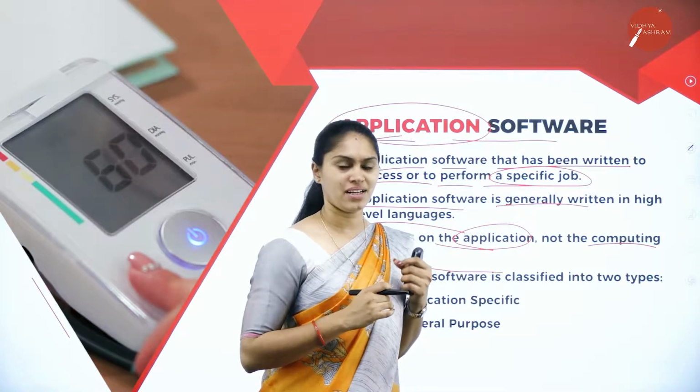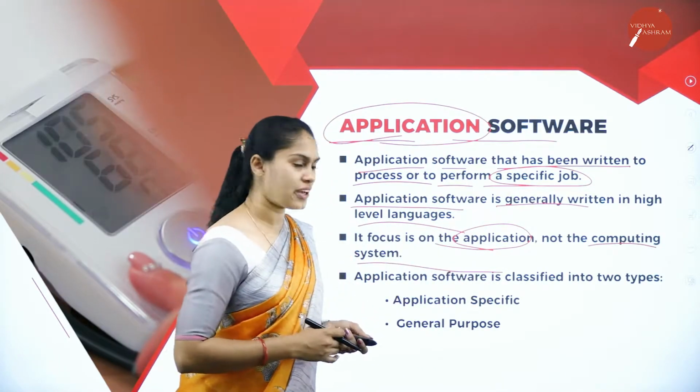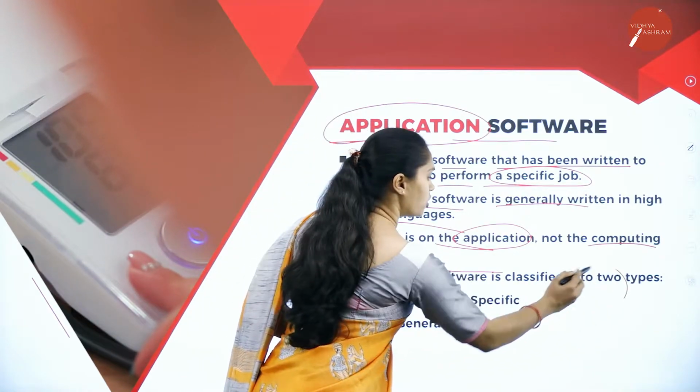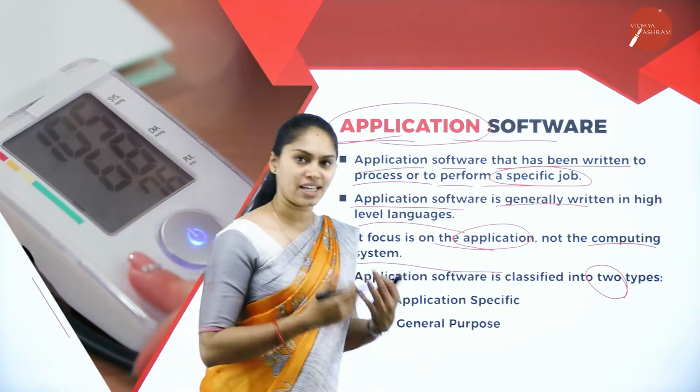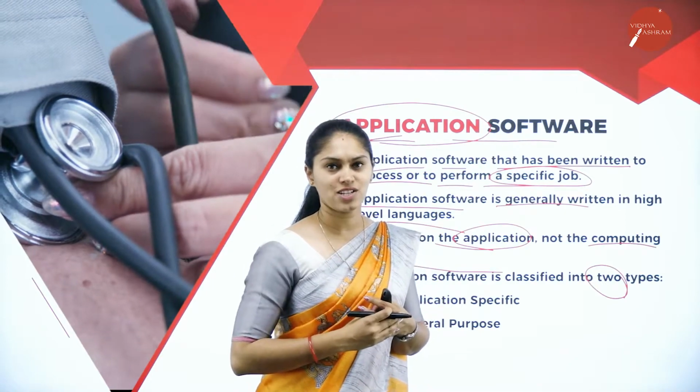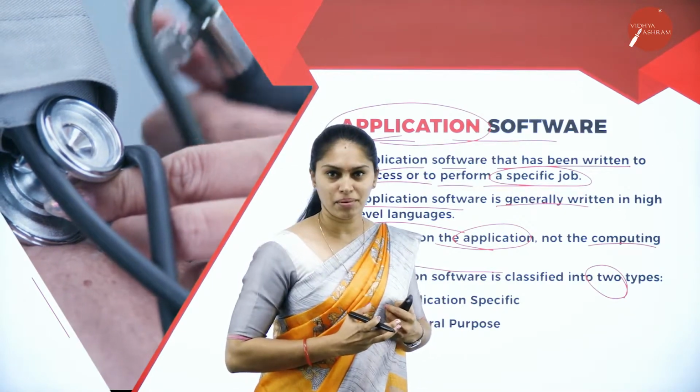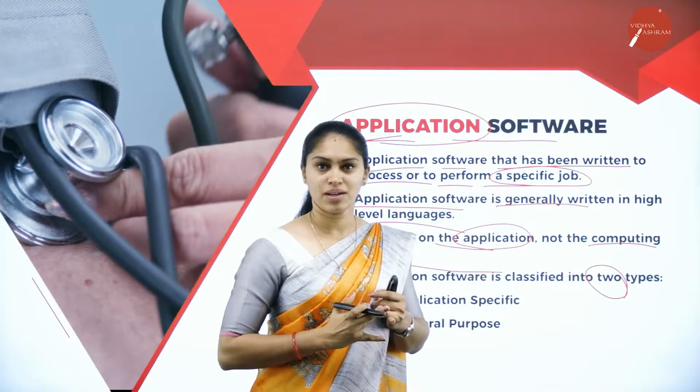So that is what application software means, and it is categorized into two types. We can develop application software as general purpose software or specific purpose.